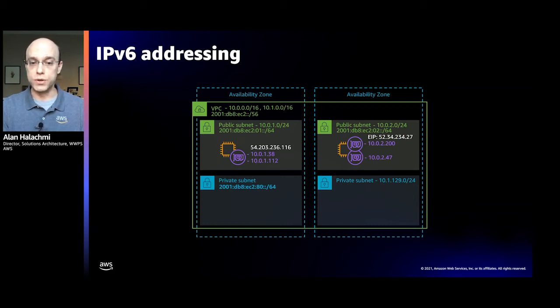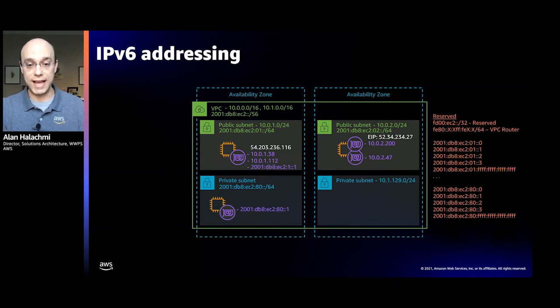v6 addresses you use inside the VPC can be auto-assigned by AWS or manually assigned by you. Like v4, the first 4 v6 addresses and the last v6 address in each subnet is reserved. The VPC router address is learned by router advertisement and uses the address based on its virtual MAC address.